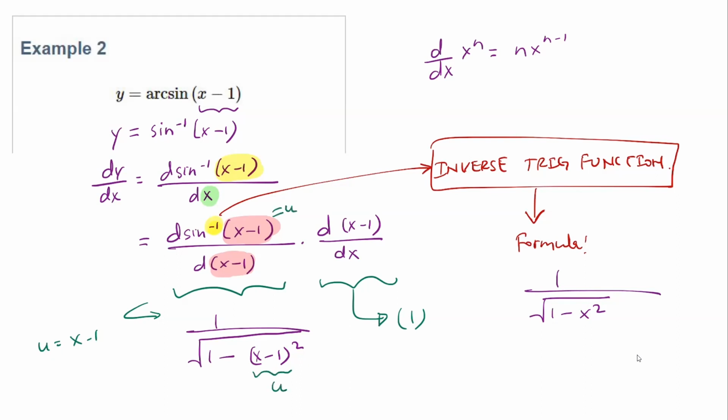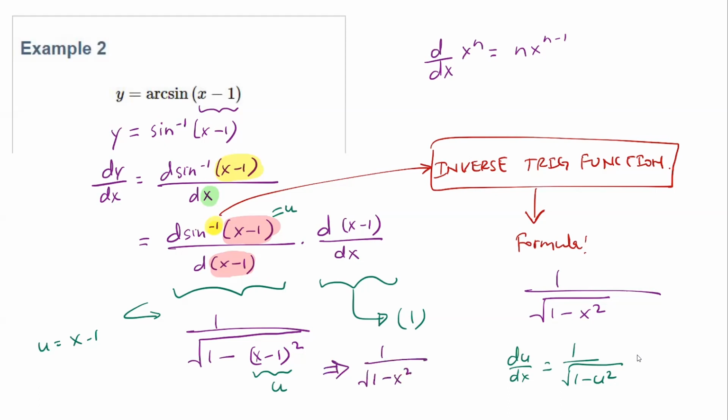And I can basically say du over dx is 1 over square root of 1 minus u squared, which is basically the same thing. So we just made things easier for us. Let's simplify this further and write 1 over square root of 1 minus x squared.